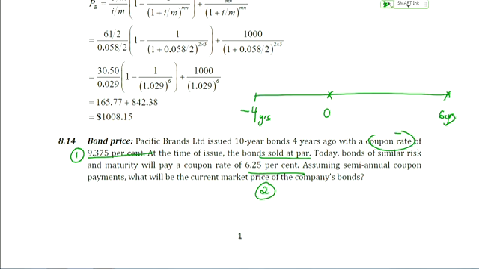Does it make sense? So it means that the bond, that was the Pacific Brands Limited bond, would be more attractive in that sense because it's paying a higher coupon rate. And because of that, it's going to charge a higher price. Agree? So now you sort of know what would be the discount rate, what would be the coupon rate, the maturity. Can you work out the market price? Can you try to see whether you can work out the market price?